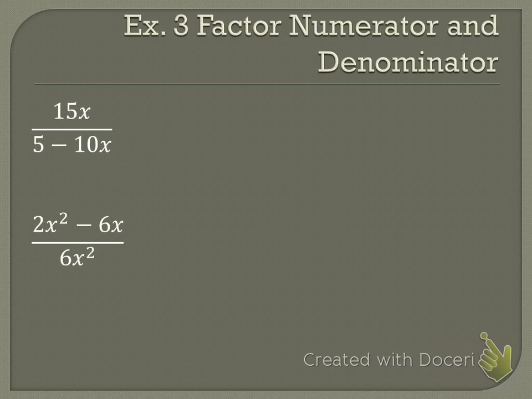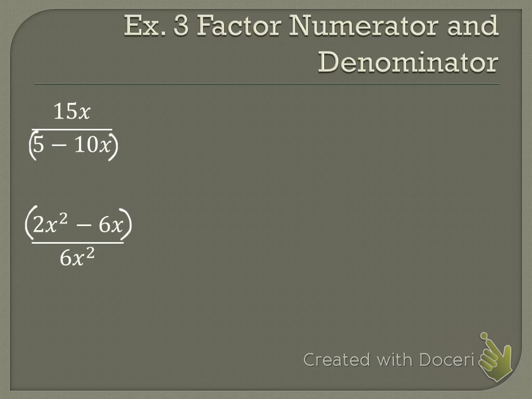Someone look up there and tell me. 5 minus 10x, very good. This is a pair. I cannot cancel anything out. And what's the other one on the second problem? 2x minus 6, very good. Okay, now I've found my pairs. I know that there's nothing that can be canceled out with them unless it's identical. And this is my final answer.